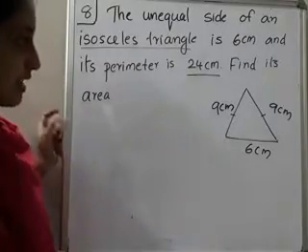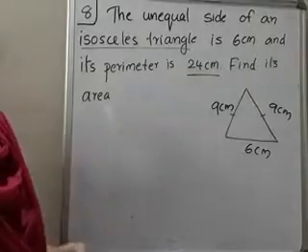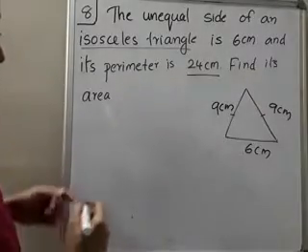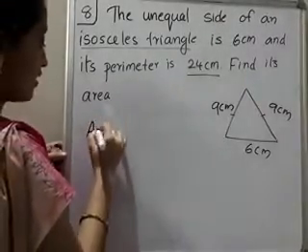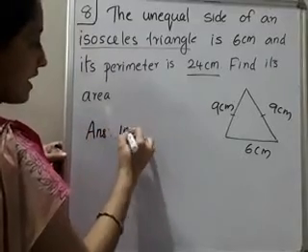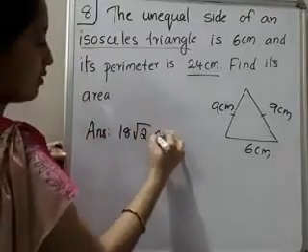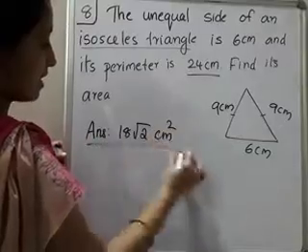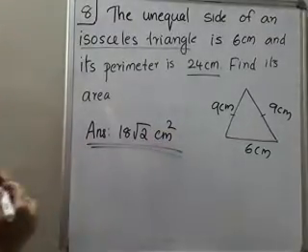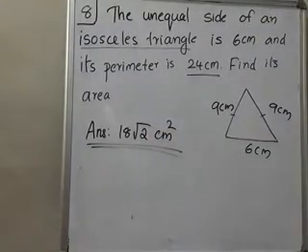Then please find S is equal to 24 by 2, that is 12. And the area, you got the answer as 18 root 2 centimeter square. Please verify whether you got 18 root 2 centimeter square.